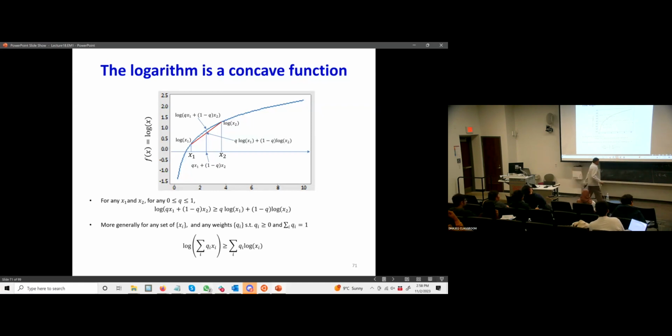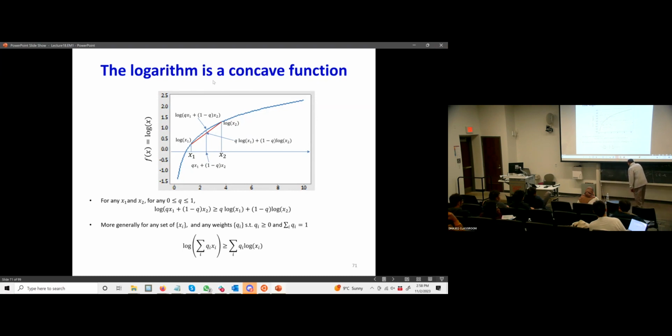So here's what I have. If I have log of x looking like this, right? And if I have x1 and x2, then any point between these two, let me call this x prime, is going to be of the form x prime equals alpha x1 plus 1 minus alpha x2, where alpha lies between 0 and 1. So this point here is going to be log of alpha x1 plus 1 minus alpha x2, right?